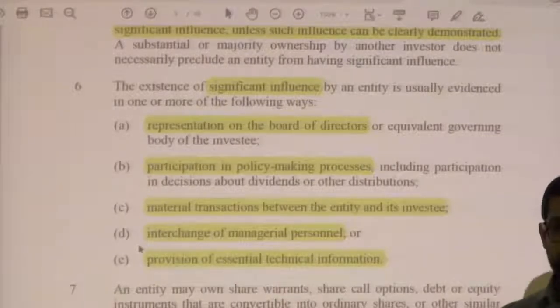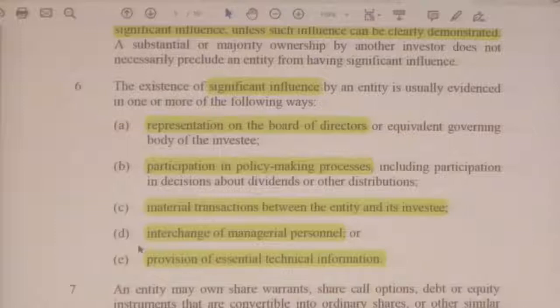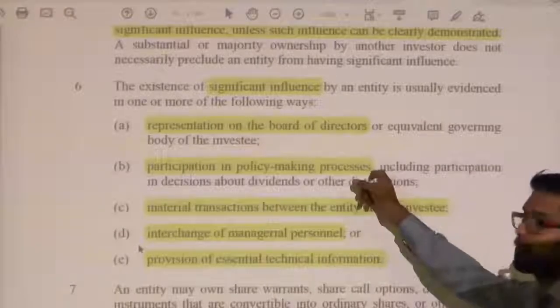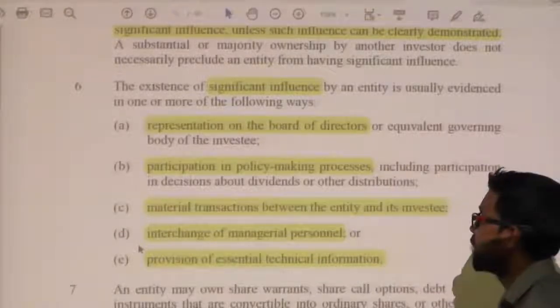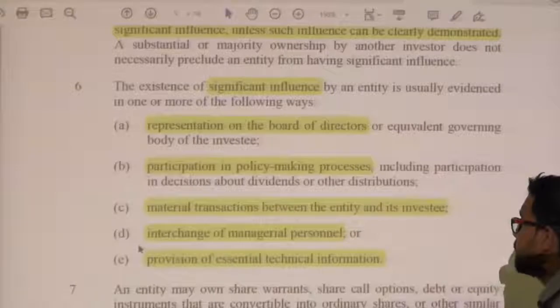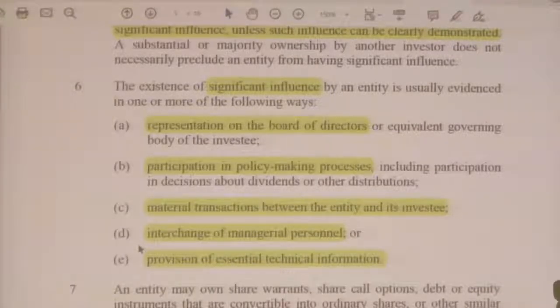So when you prepare group policies for the company, if you are participating in that, you have what? Significant influence. Material transactions between entity and investee. If you are involved in material transactions between entity and investee, then you have significant influence, right?